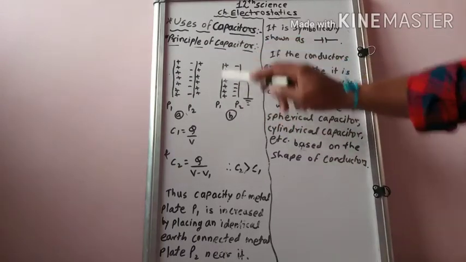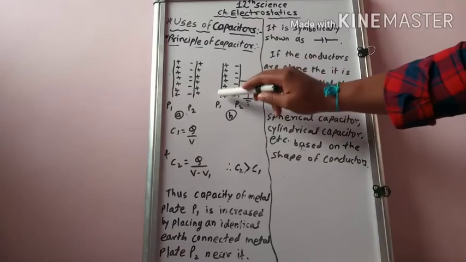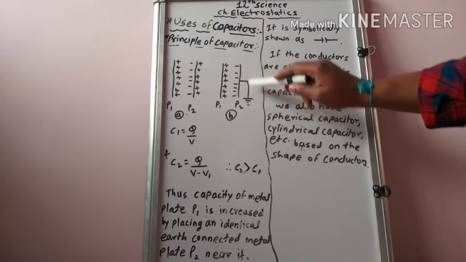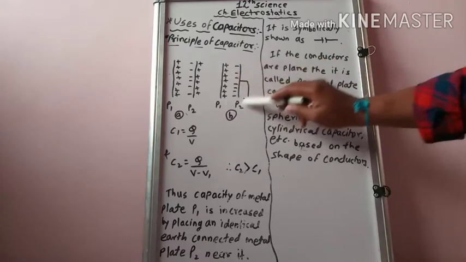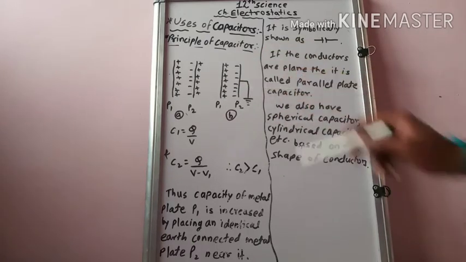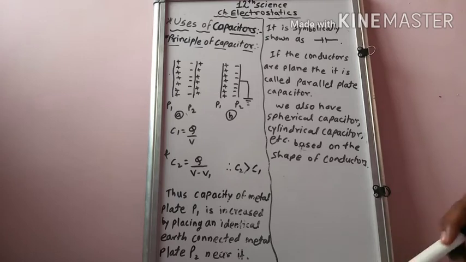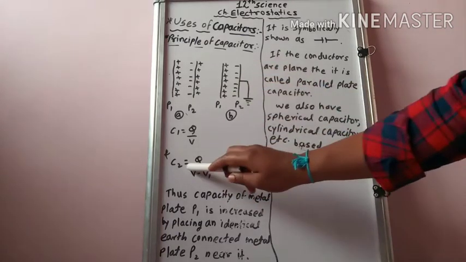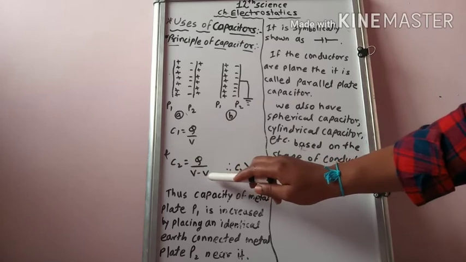The two parallel plates P1 and P2, with the other face of plate P2 connected to earth, form an arrangement called a capacitor. The capacity C2 is equal to Q upon V minus V1.